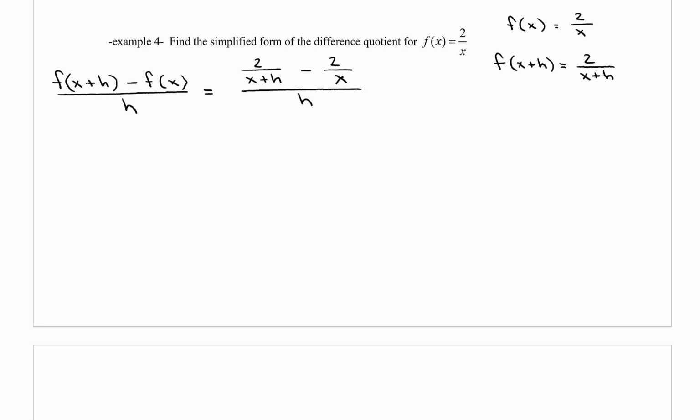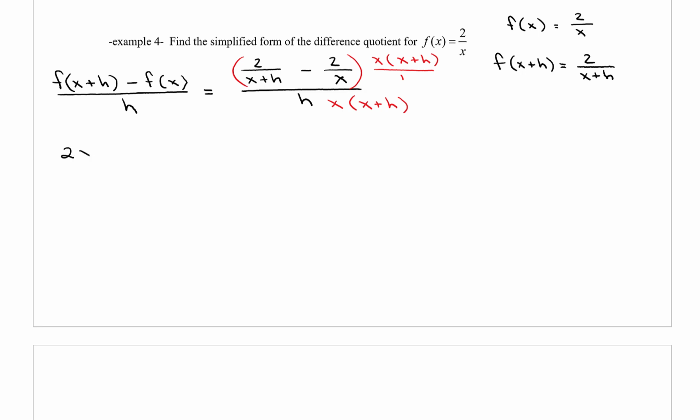So I'm going to simplify this complex fraction by multiplying through by the LCD to the numerator and denominator. I'm going to multiply the numerator by x times x plus h over 1, and I'm going to multiply the denominator by x times the quantity x plus h.